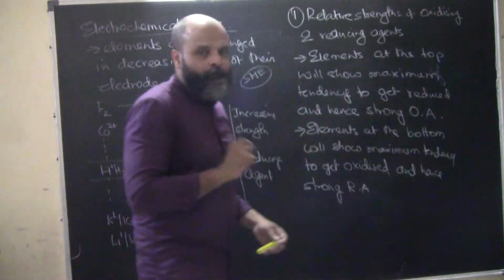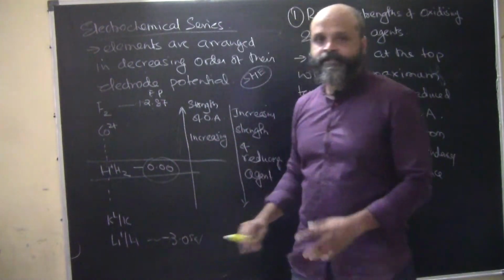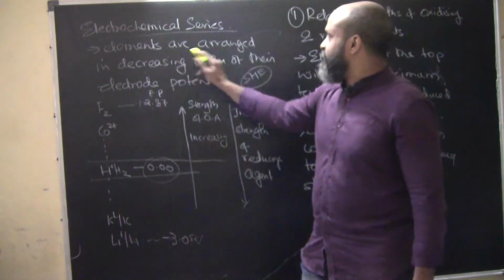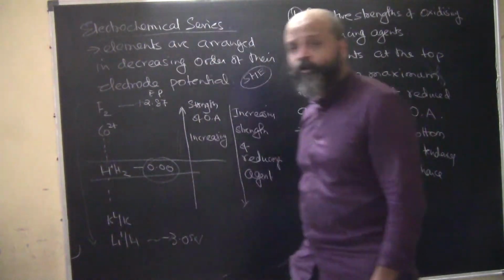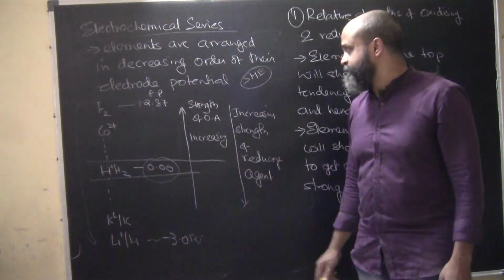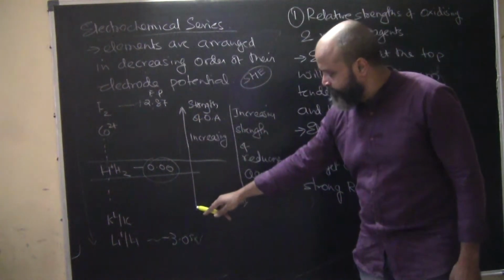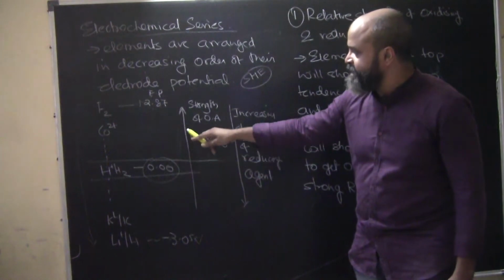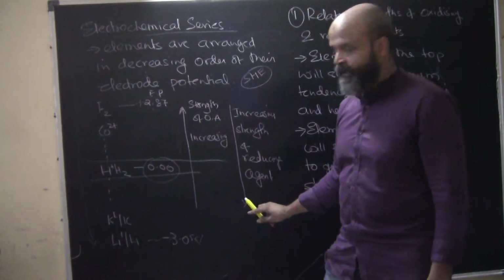Now try and understand which is at the highest and which is at the lowest. How are they going to behave? Elements are arranged in decreasing order of the electrode potential. Here the strength of the oxidizing agent is increasing, and here the strength of the reducing agent is increasing.